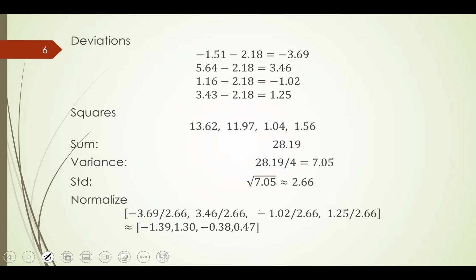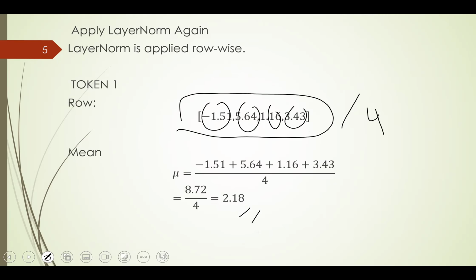Then each value in the first row, we subtract from mu.